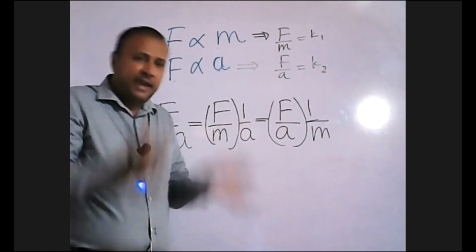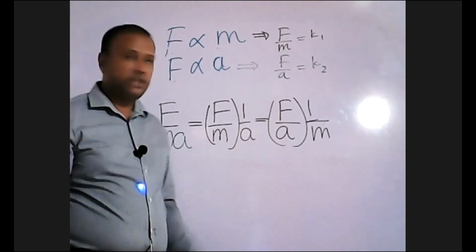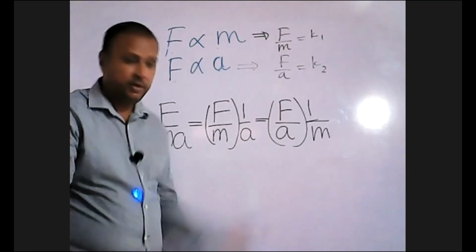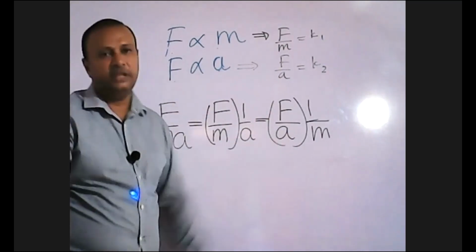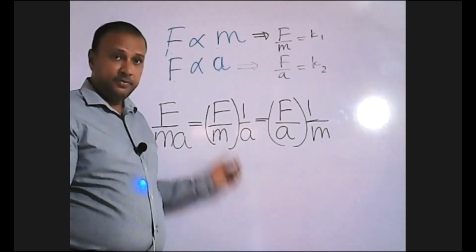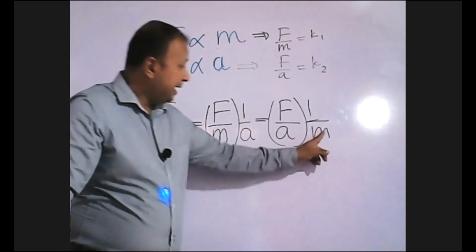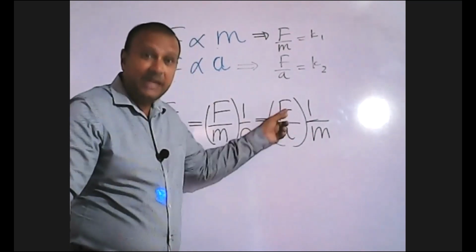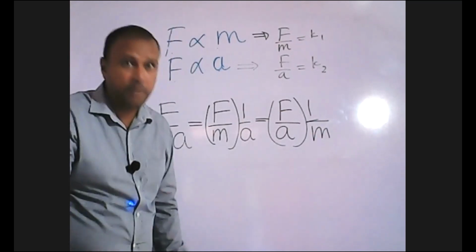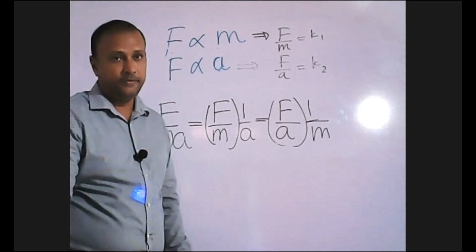Then I can vary, I can change one physical quantity and get the relationship between these two physical quantities. Then if I want to find the relationship between A and F, I have to keep M as a constant and change A and get the value of F.